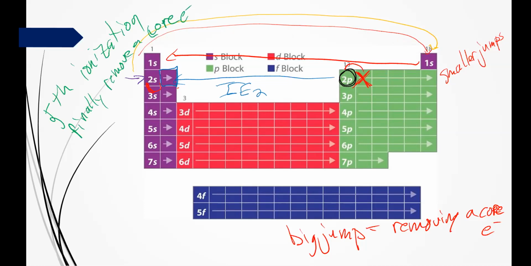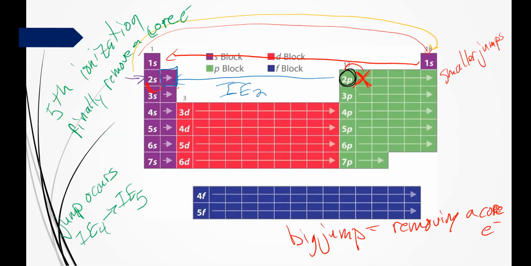So when you're looking for the element based off of where the jump is going to be, you want to look at where the jump occurs. So sorry, 1, 2, 3, 4. Between ionization 4 and ionization 5 is where our jump occurs.